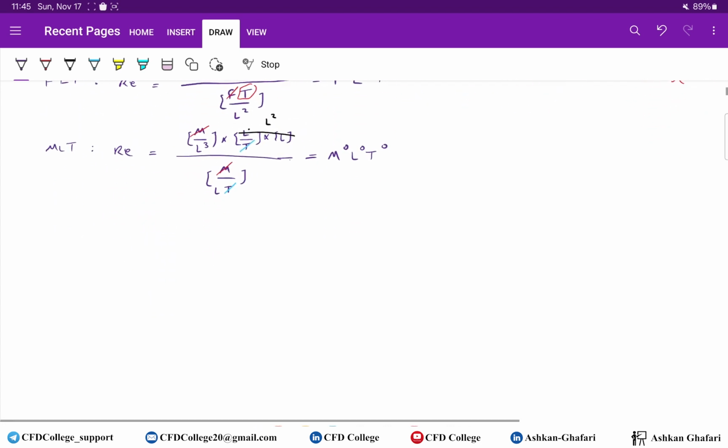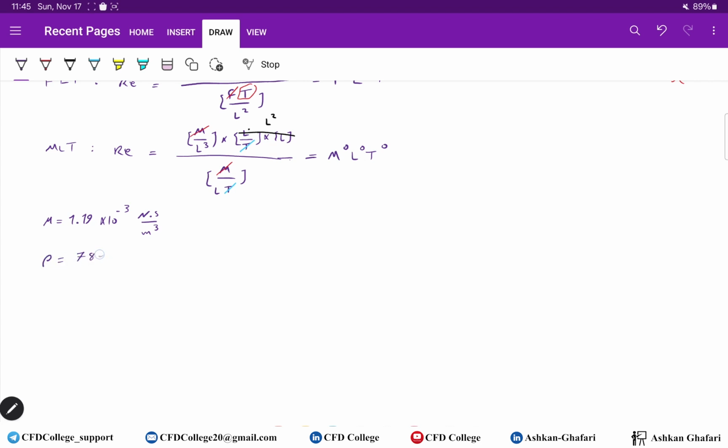For ethyl alcohol, viscosity is 1.19 times 10 to the minus 3 Newton second per square meter, and density is 789 kilograms per cubic meter. So Reynolds number equals rho Vd over mu.